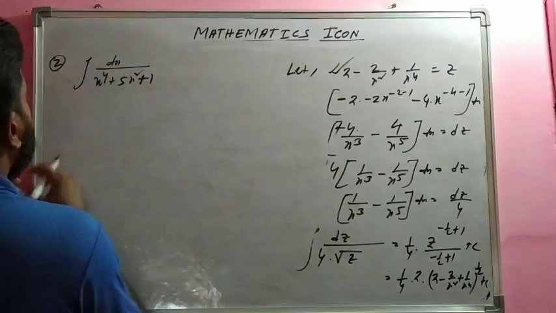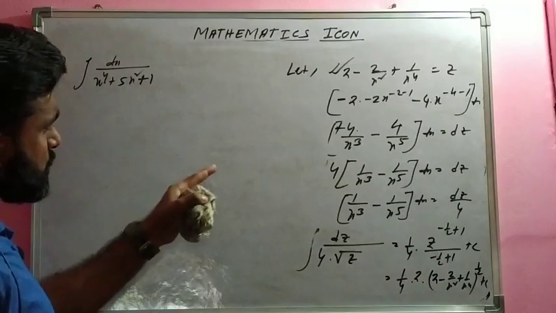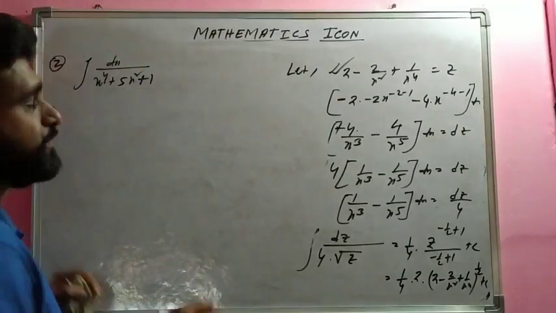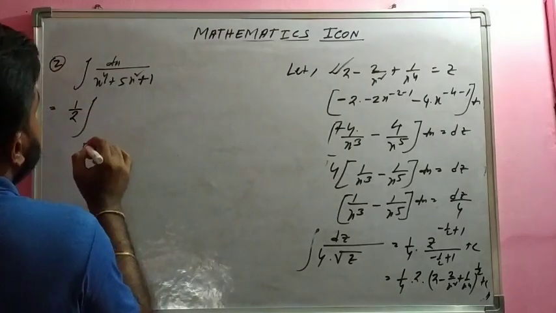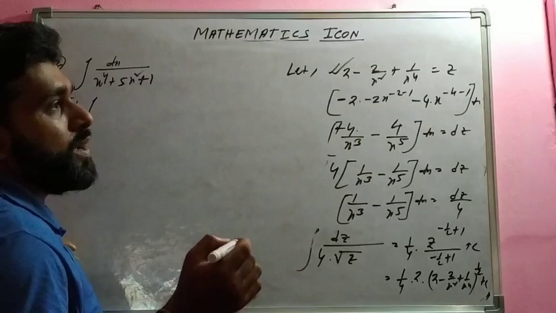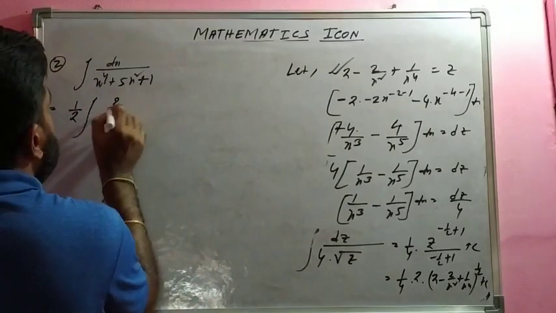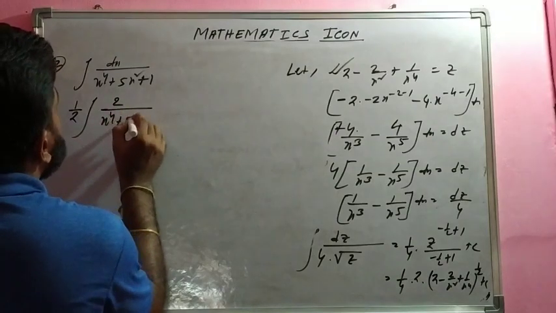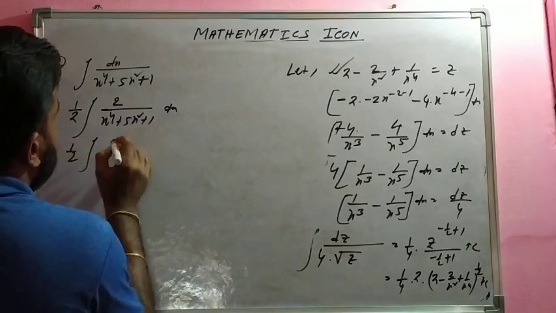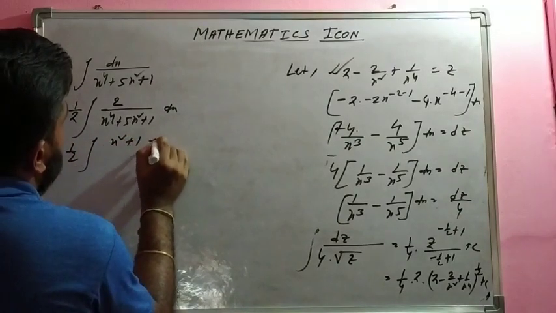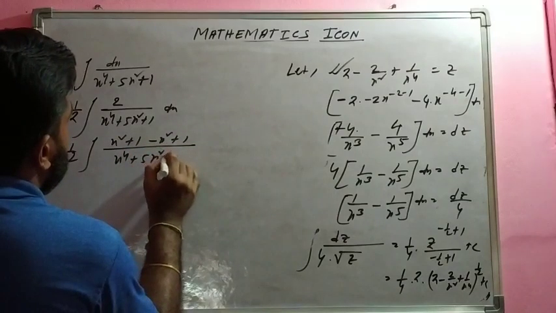Now, according to the structure, x square formation should be there in the numerator part, but x square formation is not there, right? Now we are trying to bring the x square formation, that is quadratic formation, in the numerator part. How? Just see. 2 by x to the power 4 plus 5x square plus 1 dx becomes half of (x square plus 1 minus x square plus 1) by x to the power 4 plus 5x square plus 1 dx.